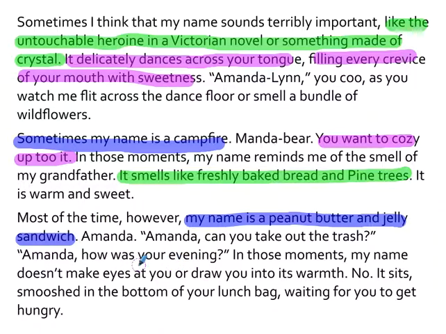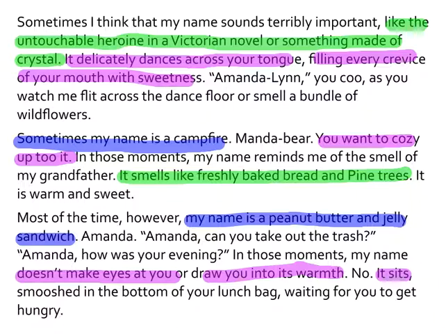And then down here, when I say in those moments, my name doesn't make eyes at you or draw you in to its warmth, both of those examples are making my name sound like something a human would do. Make eyes at you or draw you in. Even here, it sits, right? Names can't sit, but a human can sit. So all of those are examples of personification.